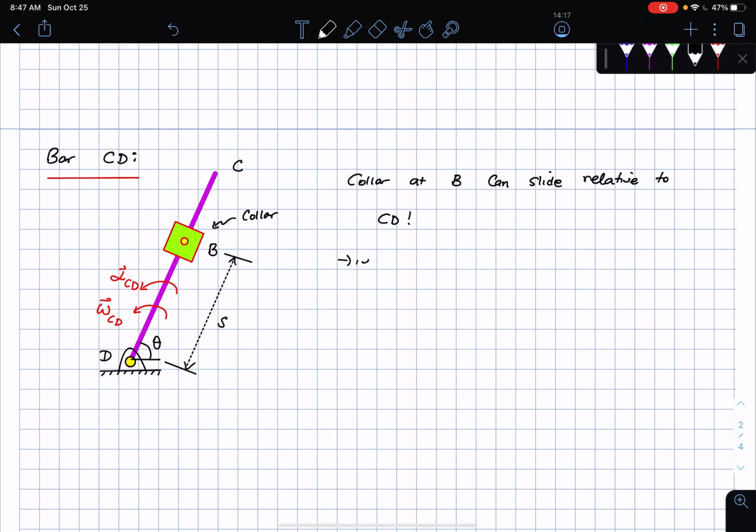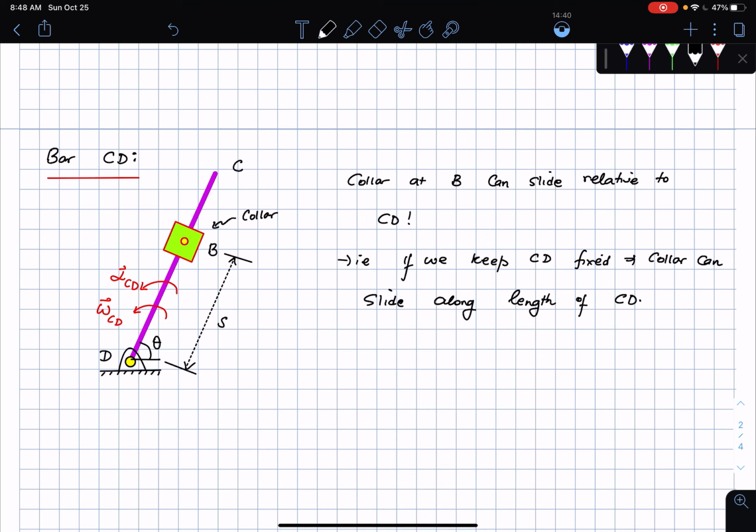That is, if we keep CD fixed, the collar can slide along the length of CD. This will also happen when CD rotates. It's also going to start sliding along the length of CD as CD rotates.